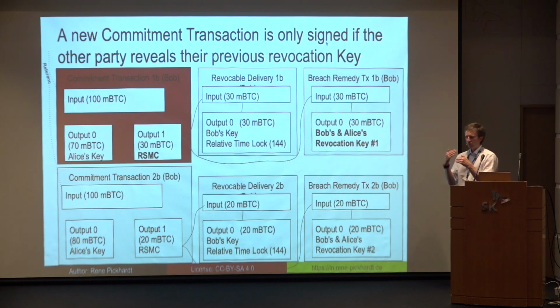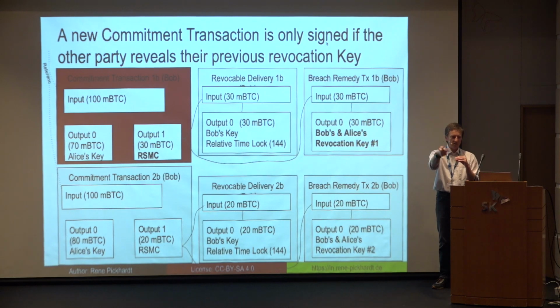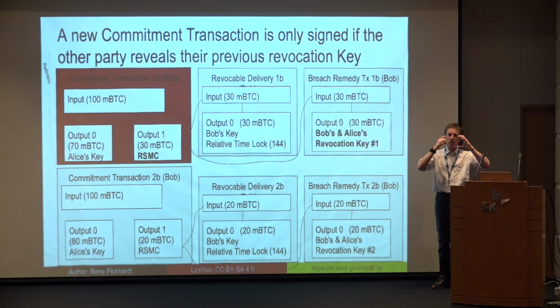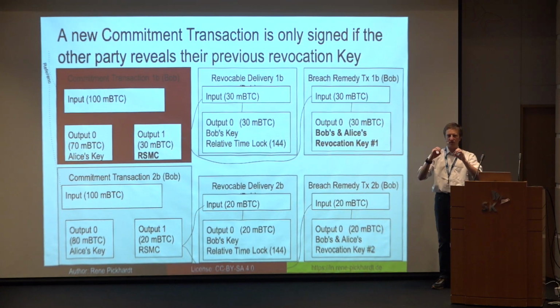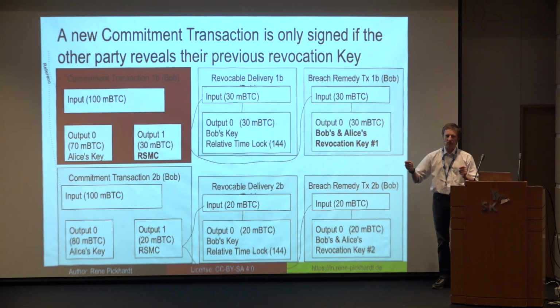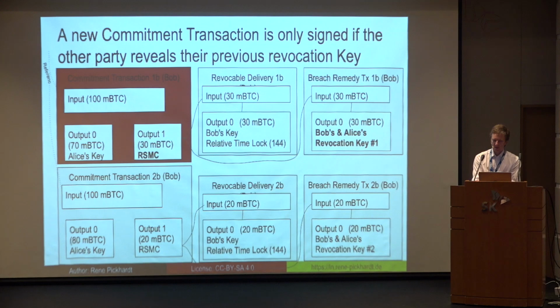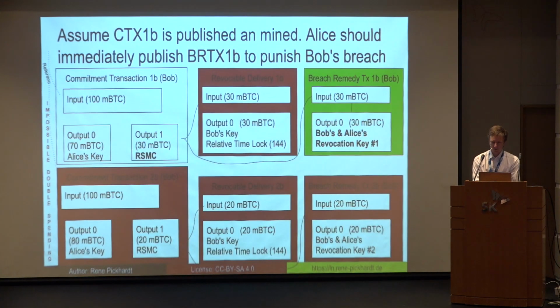So the new commitment transaction is only signed if the other party reveals the revocation key, right? So we have those transactions every time we make a new commitment. We have those revocation transactions we have to give each other. And before the new state, the new IOUs happen, we have to sign the other ones as well. So they have a mechanism to claim the funds back if necessary.